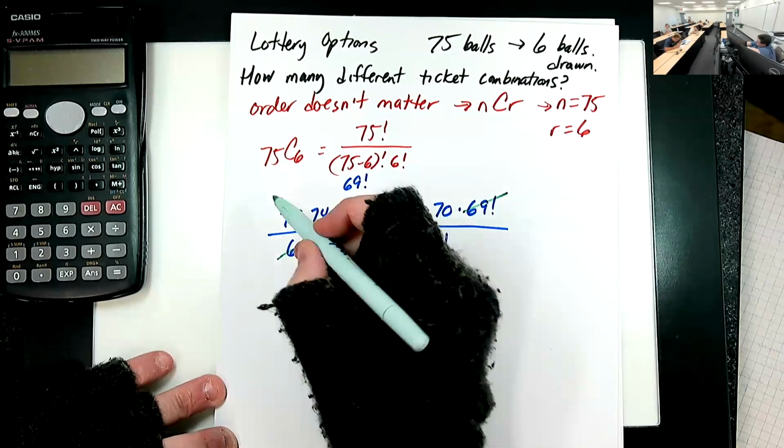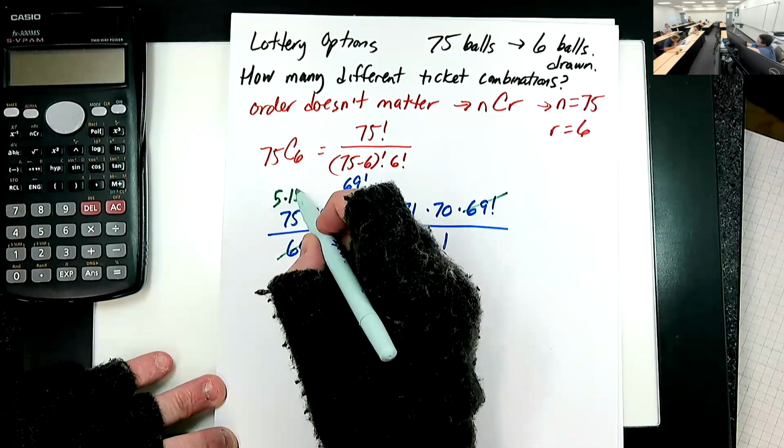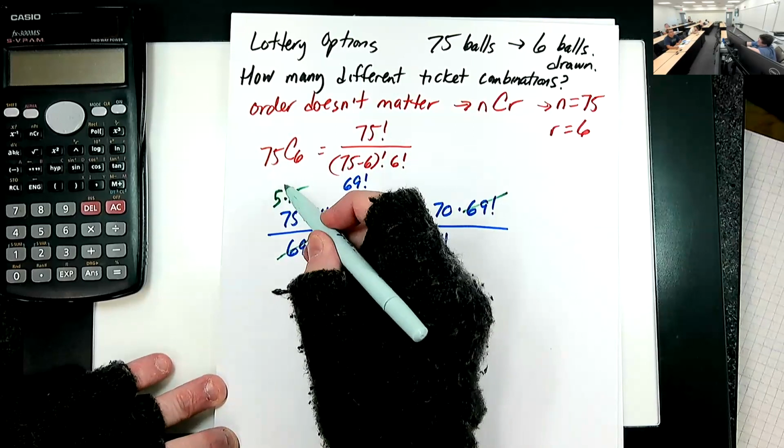75 is 5 times 15. So I can cross off this 5 and this 5.